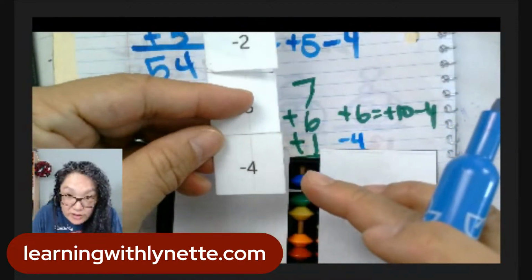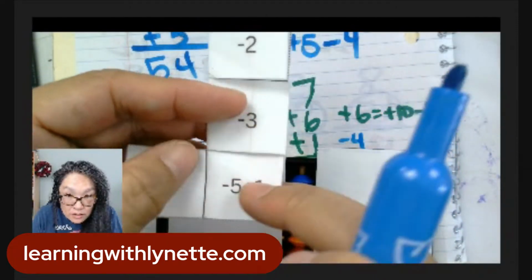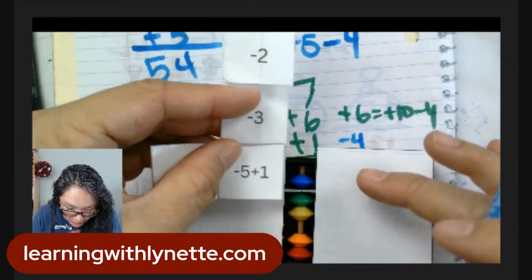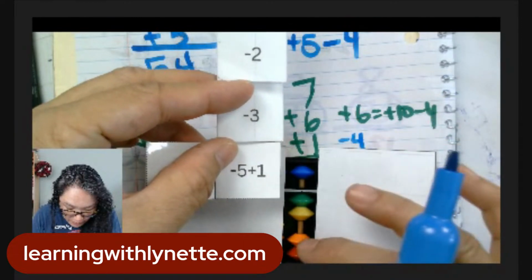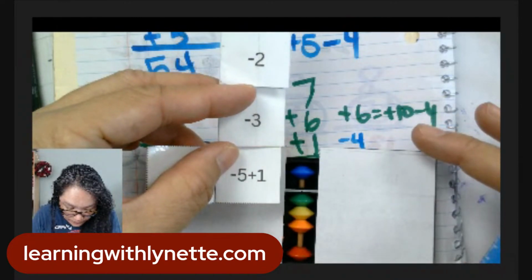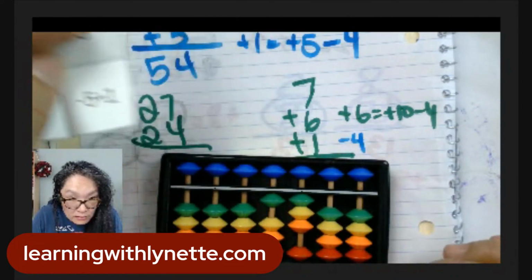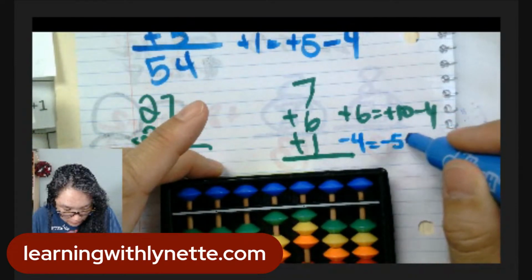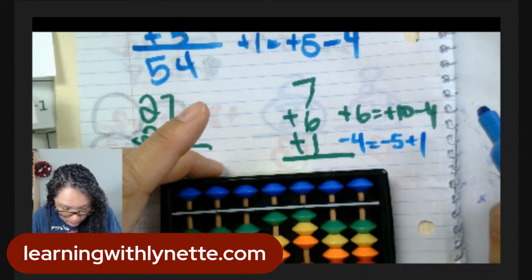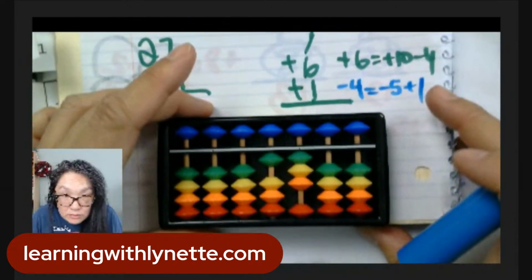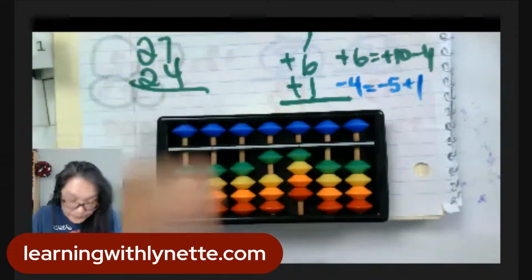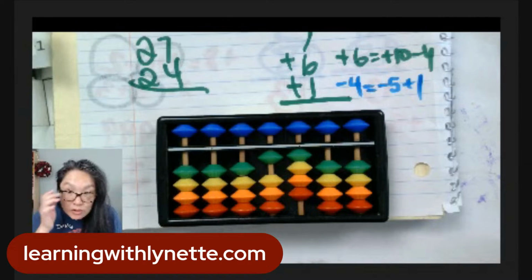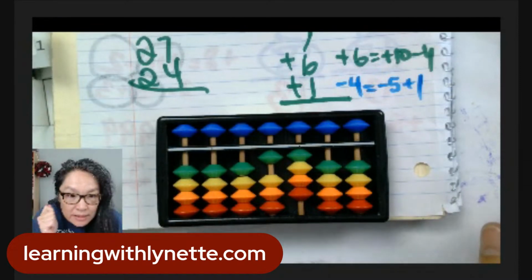We know minus the 4 is minus the 5 plus the 1. So we minus the 5 and we add the 1. That's it. And then plus 1. We add the 1. So my final answer is 14.